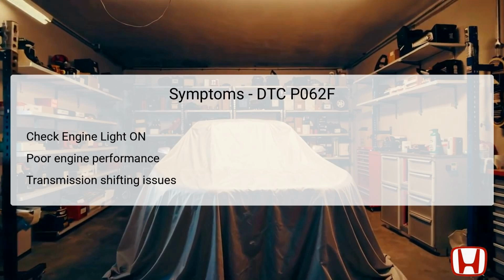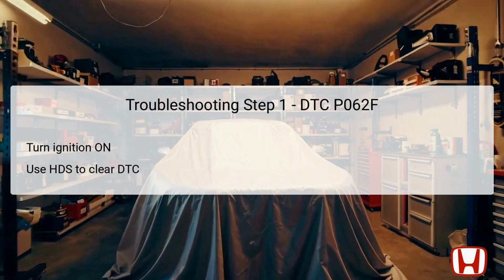The first step in the troubleshooting process for DTC P062F is to turn the ignition switch to the on position, which powers up the vehicle's electrical systems without starting the engine. Following this, it's essential to connect the Honda Diagnostic System, HDS, tool to the vehicle's onboard diagnostics port.